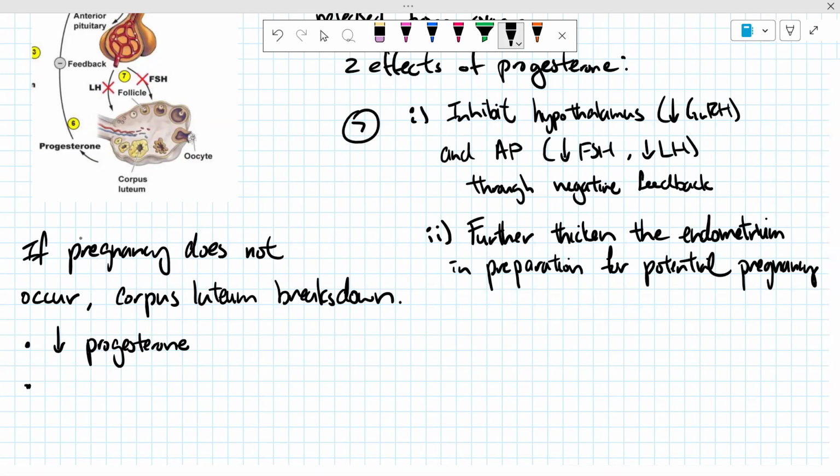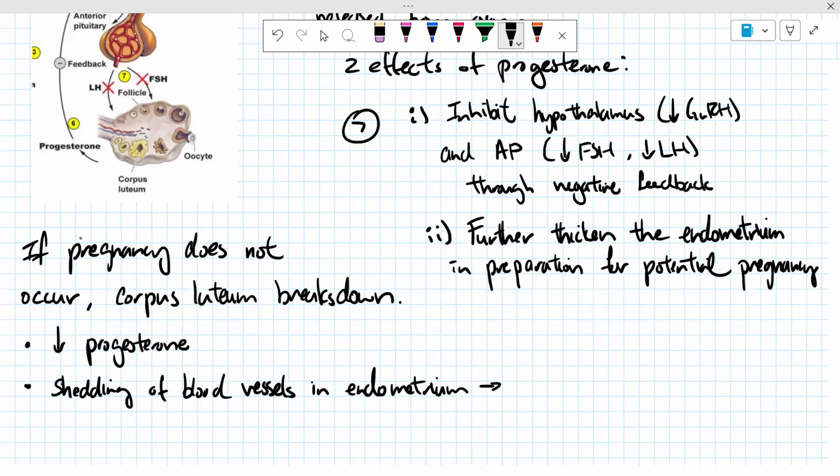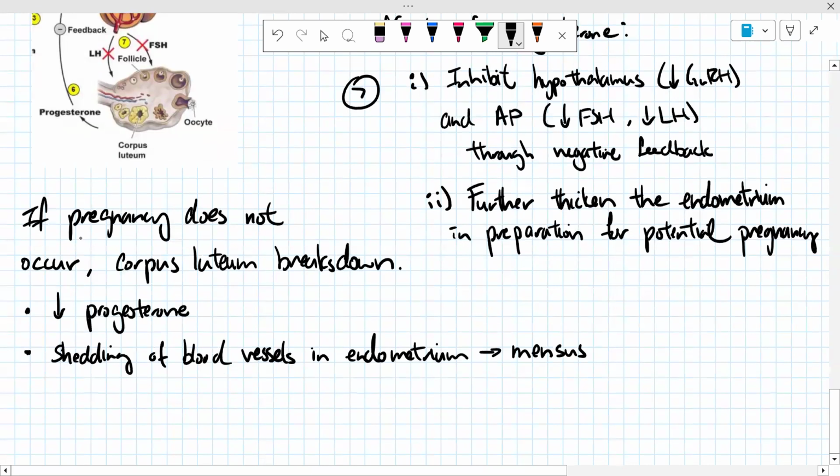So the drop in progesterone will lead to the shedding of blood vessels in the endometrium, and that is going to lead to the menses. Menses marks the beginning of the next cycle, right?